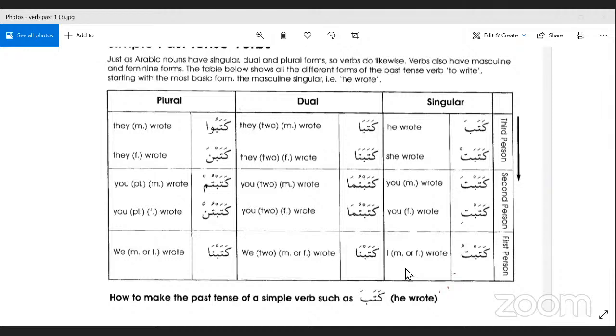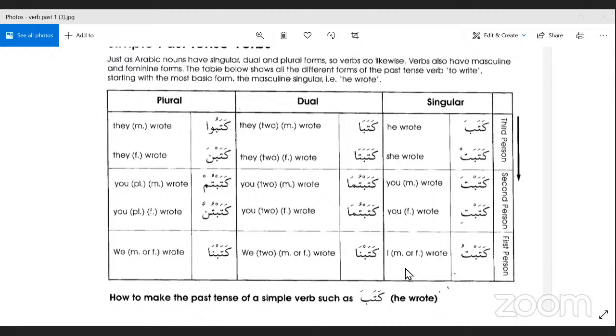So there are mainly three types of the past tense to describe the verbs. The first one is for the singular, kataba, which is for a singular male.